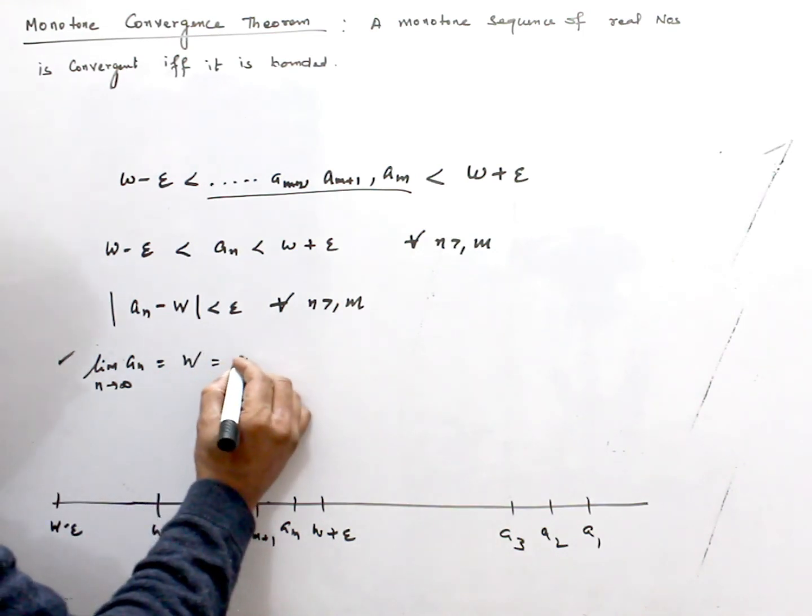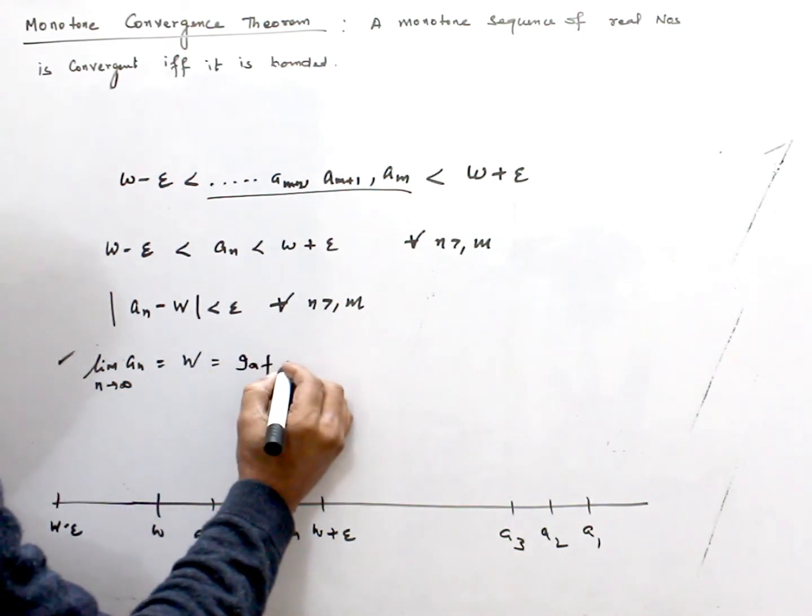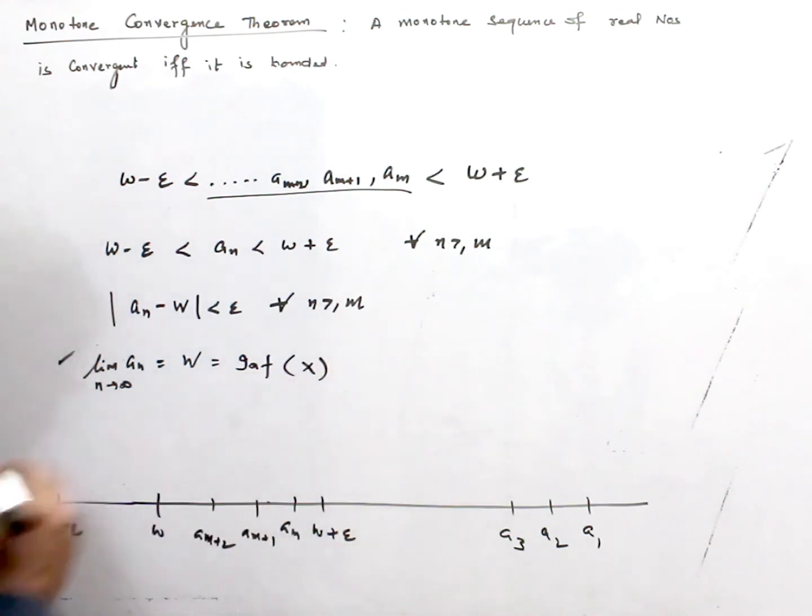W is what? It is the infimum of X. So it is simple.